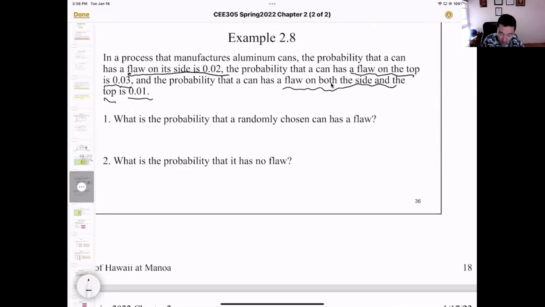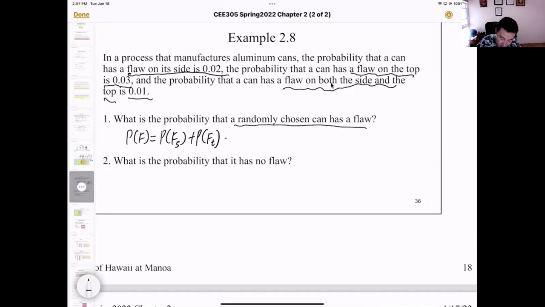We are asking what is the probability a randomly chosen can has a flaw. We define the probability of having a flaw, F, as P(has a flaw on the top) plus P(has a flaw on the side). Ft is for flaw on the top, Fs for flaw on the side.